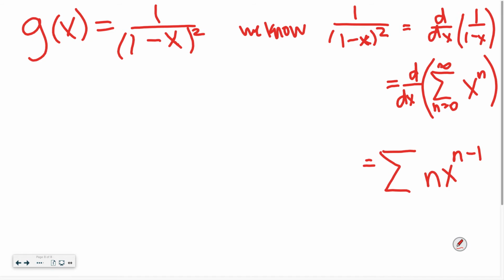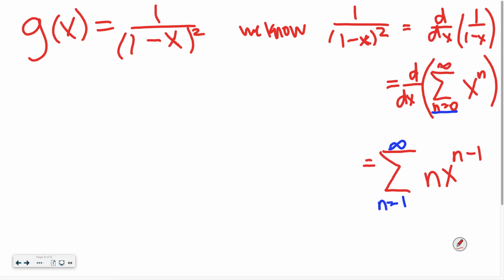However, when you take the derivative, now that we're working with power series, can you have a negative 1 power? You can have the negative first power, yes, but not in a polynomial. When you take the derivative, you'll need to adjust your starting place.